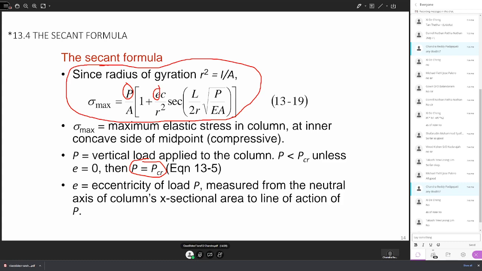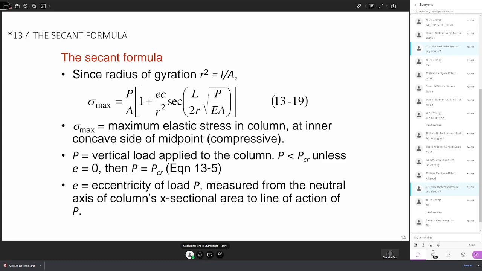So P over A, where A is the cross-sectional area of the column, times 1 plus EC over R squared. E is the eccentricity, the distance from the neutral axis to where the load is applied. C is a geometric parameter: with reference to the neutral axis, the farthest point on the cross section.